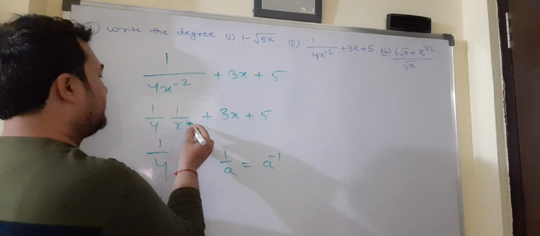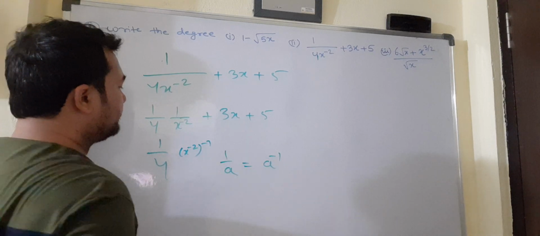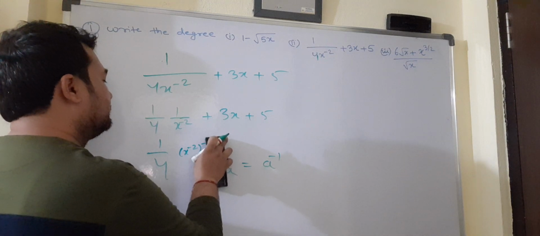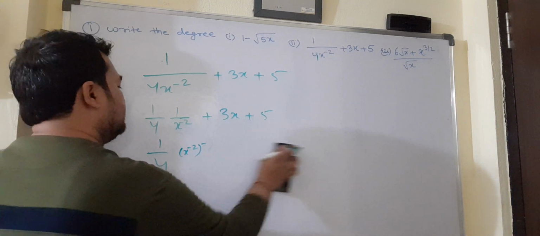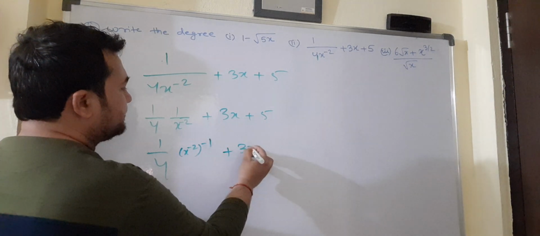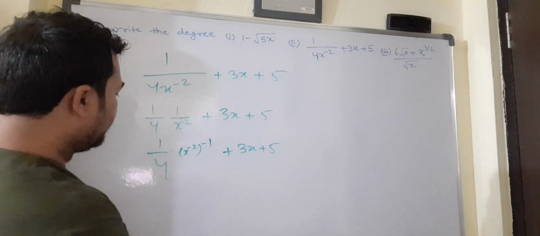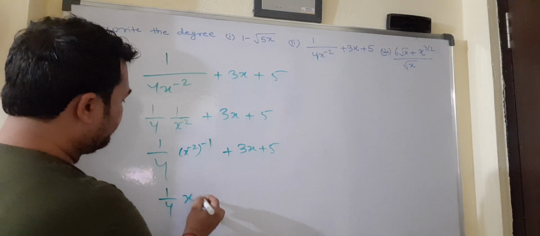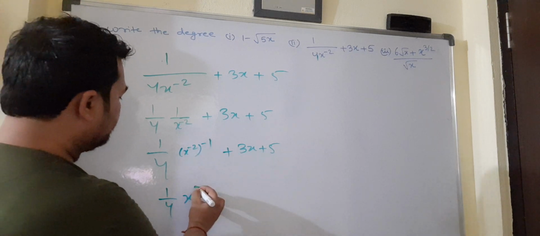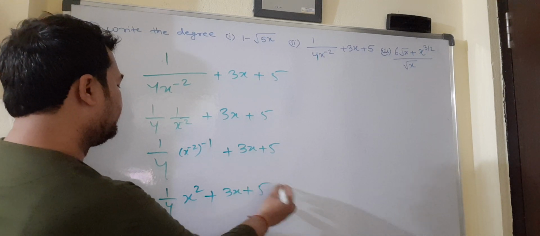So x to the power minus 2 is there, so you write x to the power minus 2 and minus 1, plus 3x plus 5. Power of power gets multiplied: minus 2 multiplied by minus 1 gives you 1 by 4 x square plus 3x plus 5.